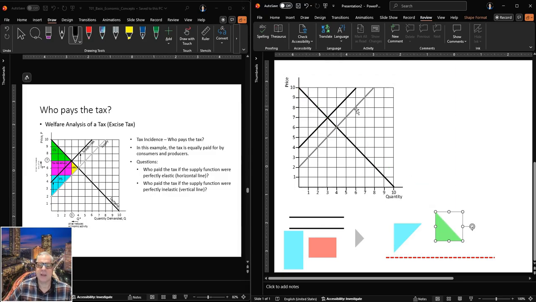But let's take another example. Let's assume we had a supply function like this. So it's basically horizontal, and now we put a tax of this one, also of 2.